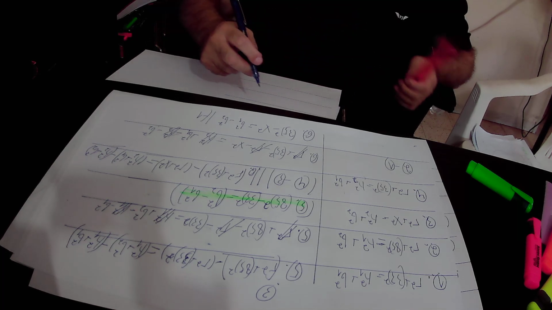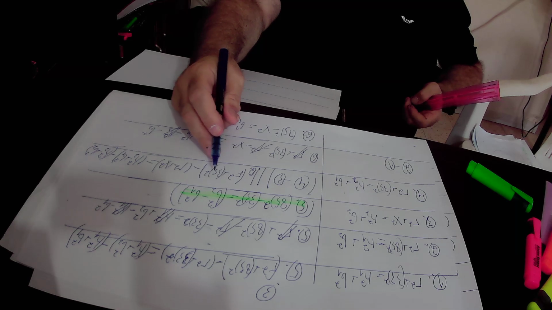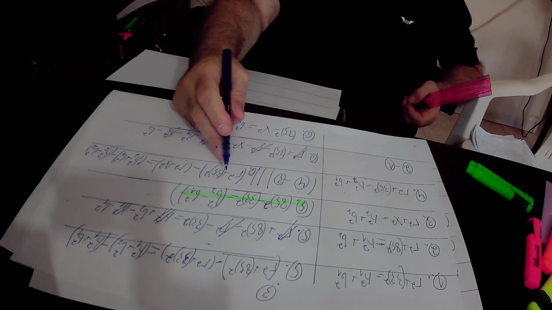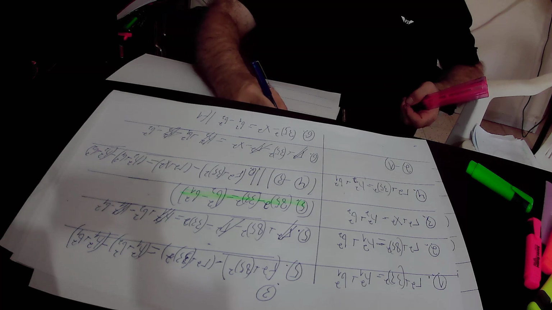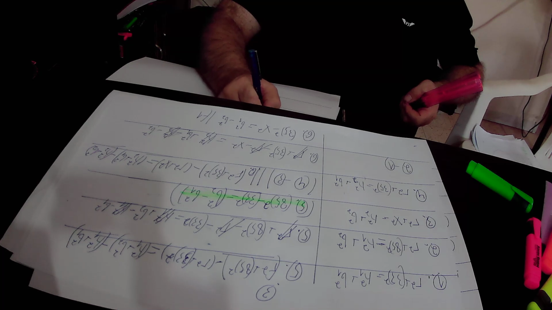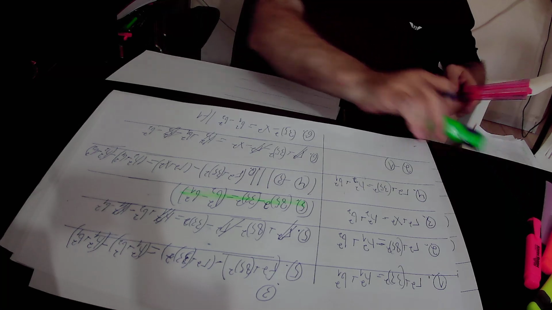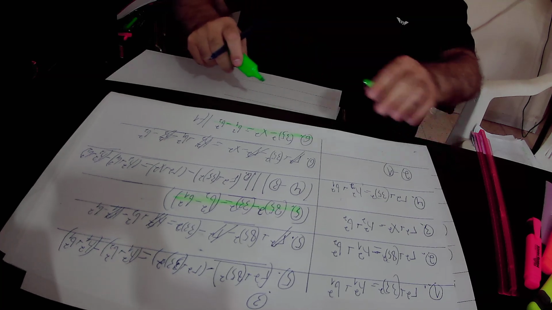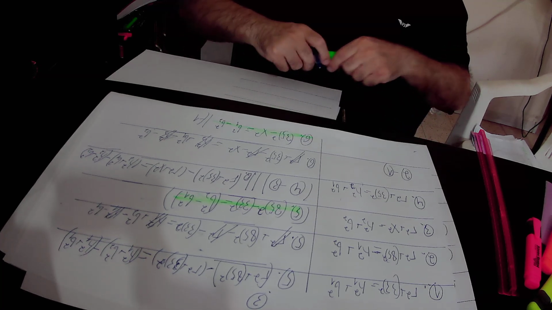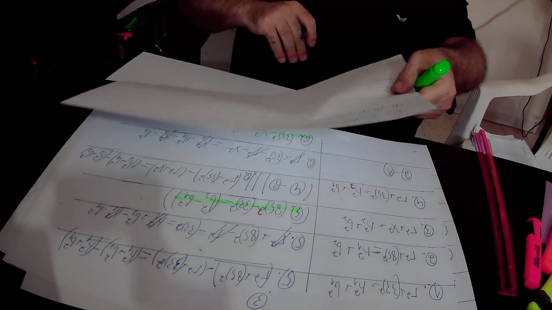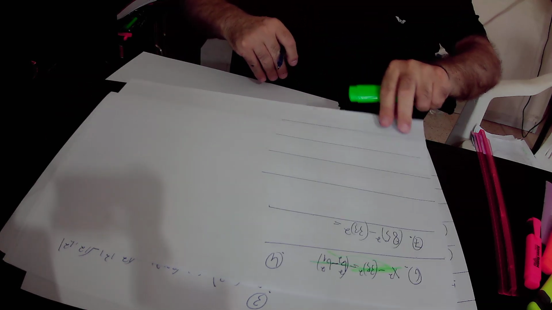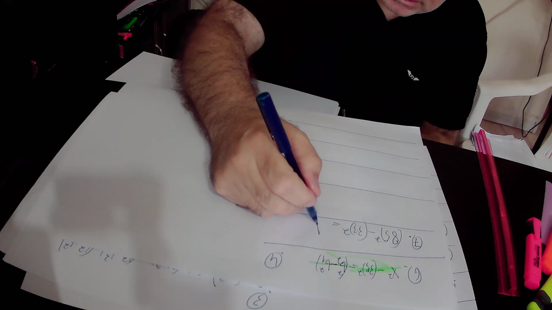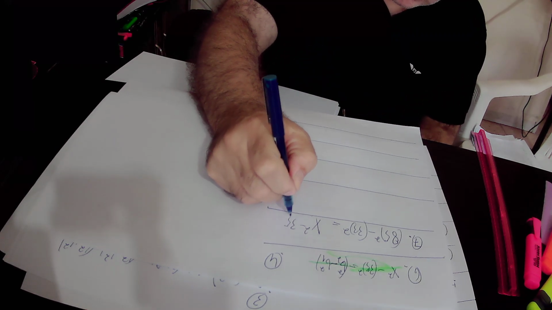So b2 squared minus b1 squared according to equation number 5 is 85 squared minus 33 squared, and it must be equal to b2 squared minus b1 squared according to equation number 6, which is x squared minus 35 squared.